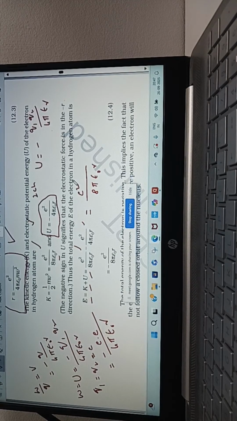Yes, sir, just e square. Minus e square, minus e square. Correct. So what is the significance of the minus here? Yes, sir, binding the electron with the nucleus, with the proton.